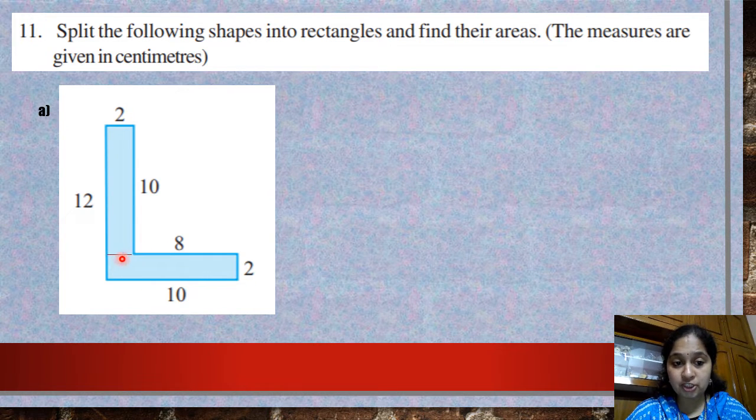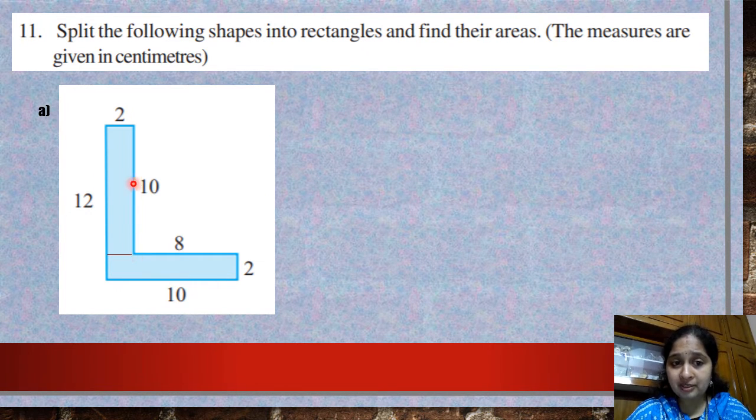I've divided it into two parts. So this is figure 1. This is figure 2. So now what is the length of this figure 1? 10 meters. What is this complete length? 12 meters. So this figure I'm splitting into two parts. So I'm drawing a line here.